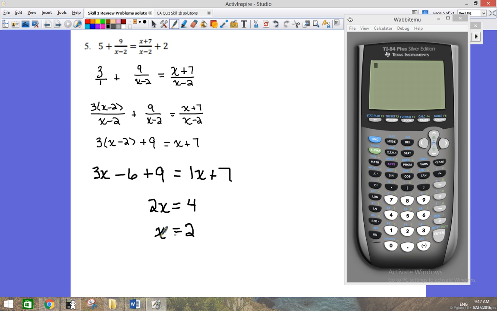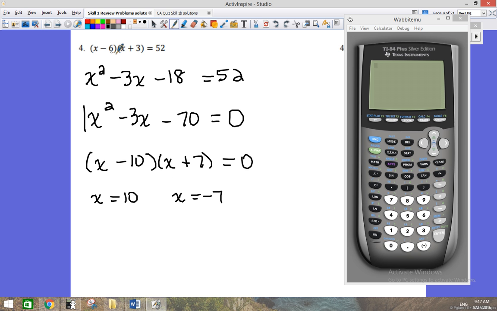And if you forgot to check this, you would say that's a solution, but I can see just by inspection that 2 minus 2 gives me a 0 in the denominator. Oftentimes a lot of teachers will tell you to look at these rational equations and right off the bat write down to the side that x cannot equal 2.